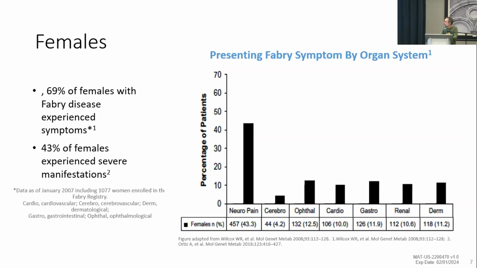So this is the first symptom, and you will notice that there is a scattering of different first symptoms here: dermatologic, renal, gastro, cardio, ophthalmologic, cerebrovascular. But those are all in fairly small numbers. And then you have neuropathic pain jumping way up.